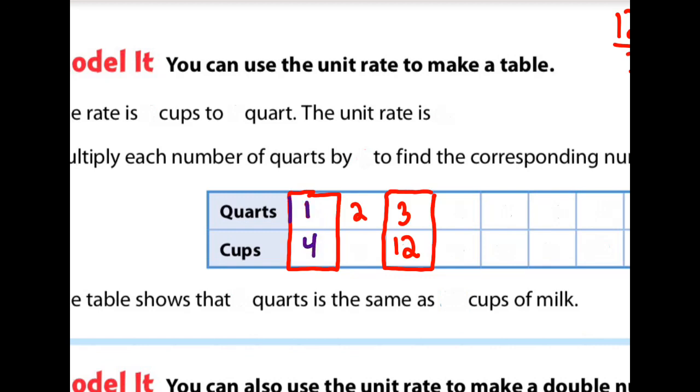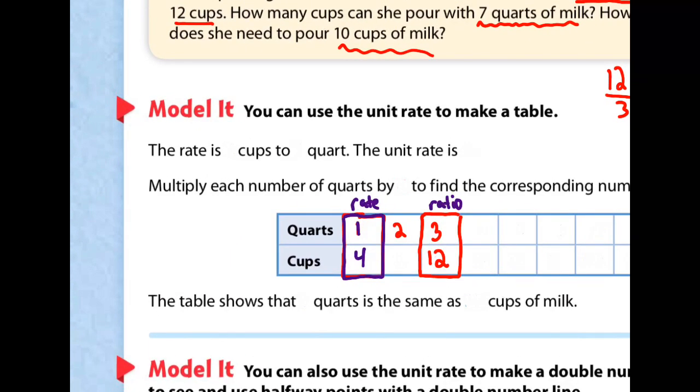This here in blue is our rate. This here is our ratio. So the rate is 4 cups to 1 quart. The unit rate is 4. Remember, that's the number that's with the 1.